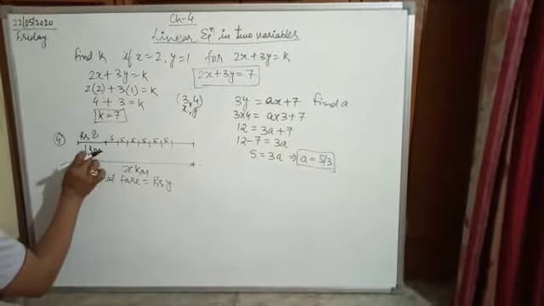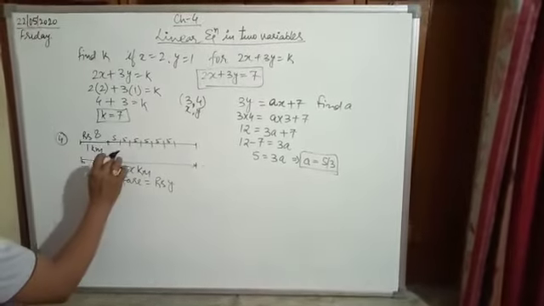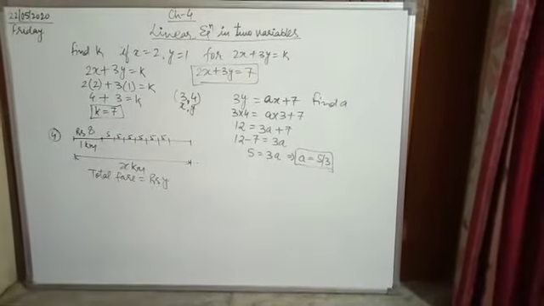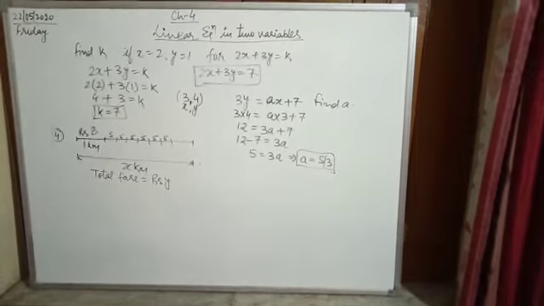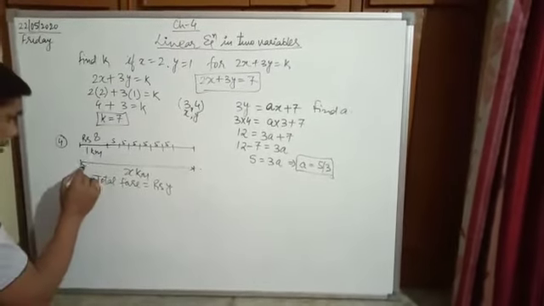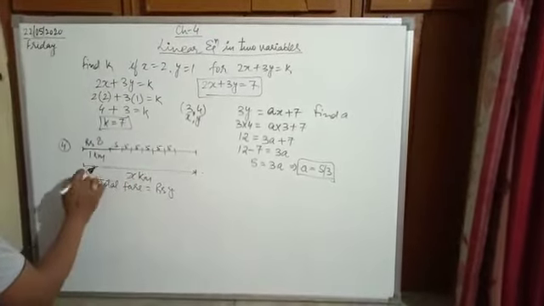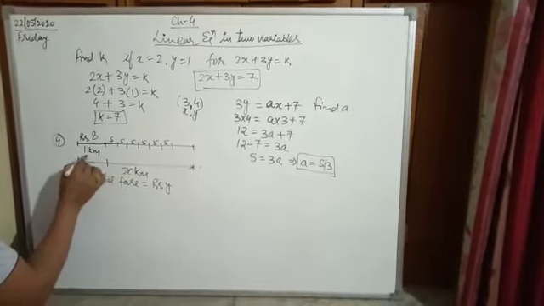This means 1 kilometer for rupees 8 and the subsequent distances for rupees 5. This total distance is x kilometers. This distance is 1 kilometer.